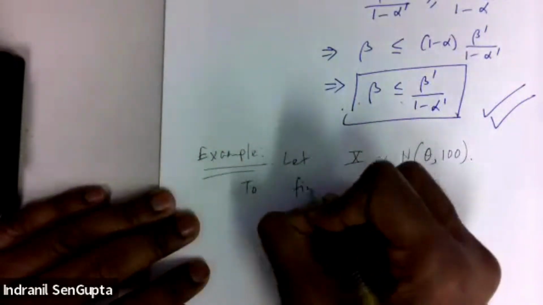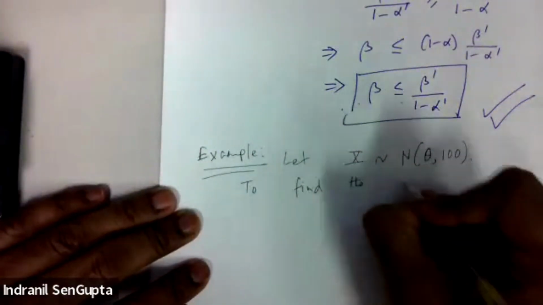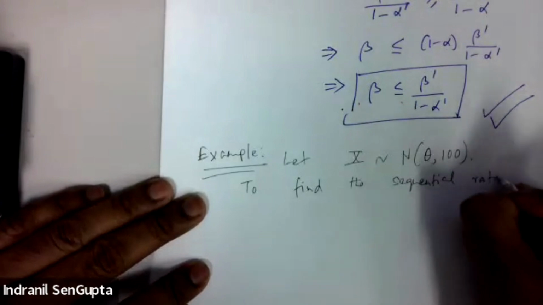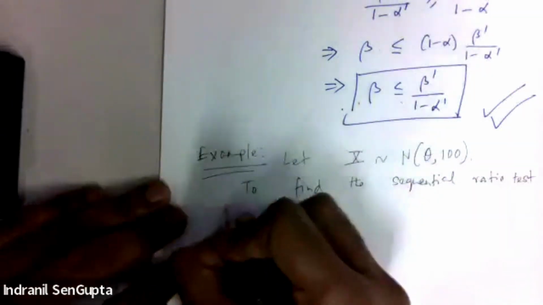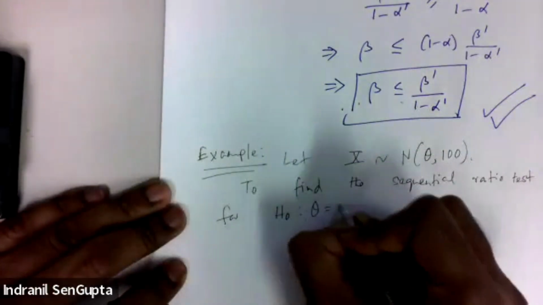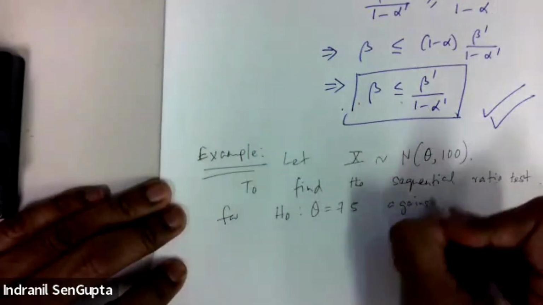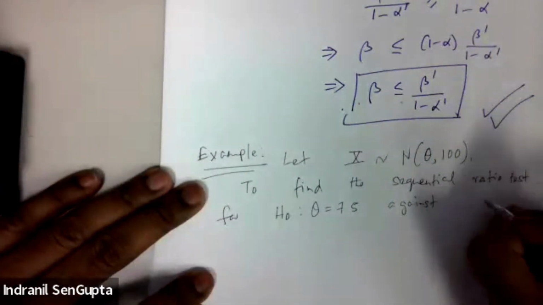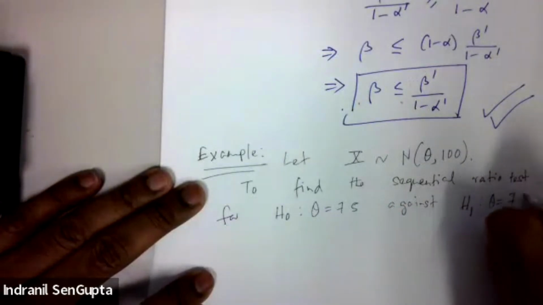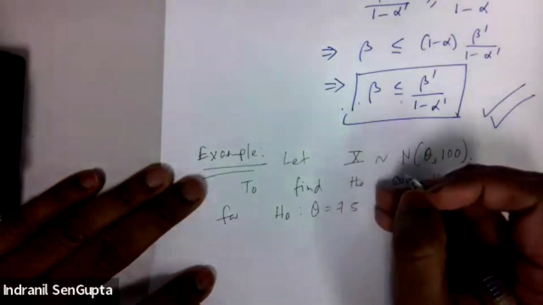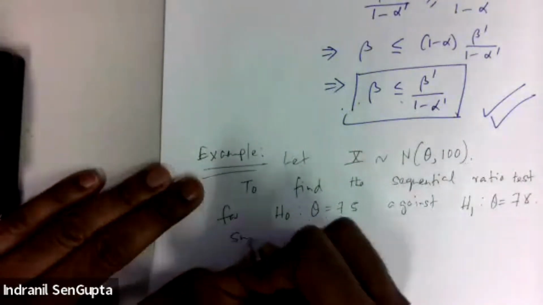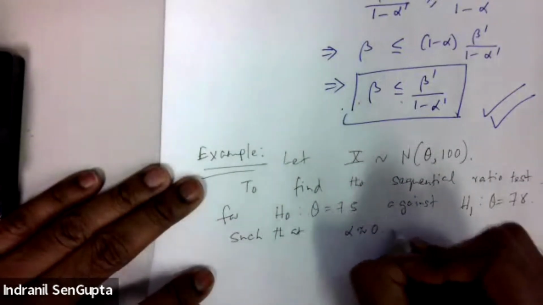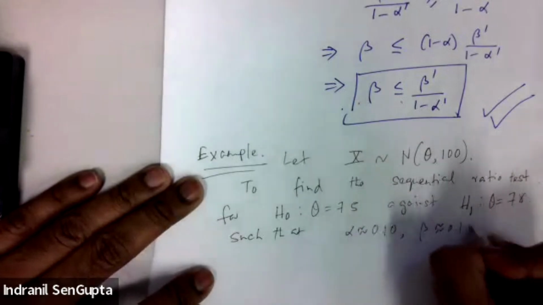To find the sequential ratio test for testing H0, theta equals 75, against H1, which is theta equals 78, such that alpha is approximately equal to 0.1 and beta is also approximately equal to 0.1.